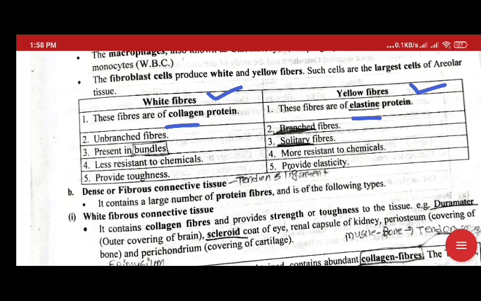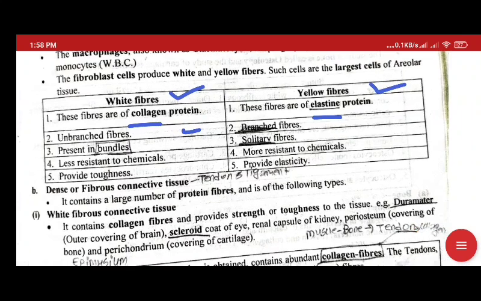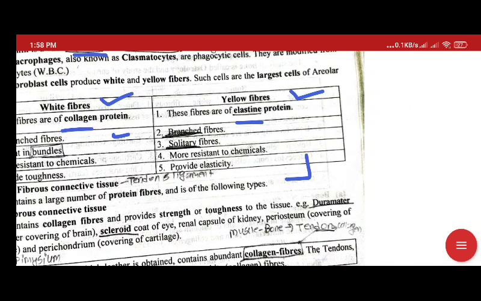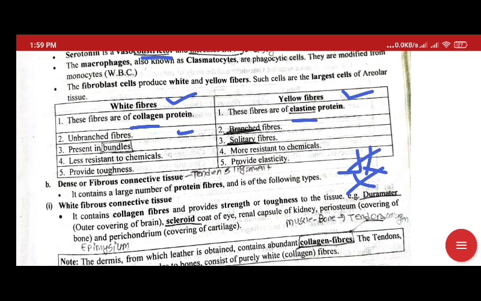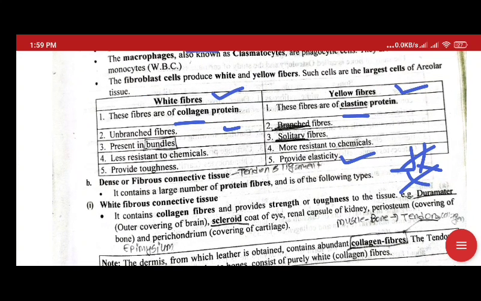The white is unbranched, and the yellow is branched like this. This branch is for strengthening and coiling type of organs, providing elasticity. The white is in bundles, so it is hard, and the yellow is not in bundles, so it is loose, and always elastic in nature.